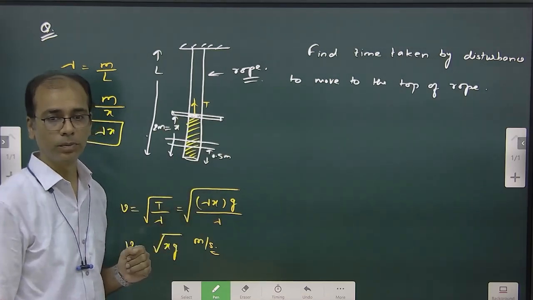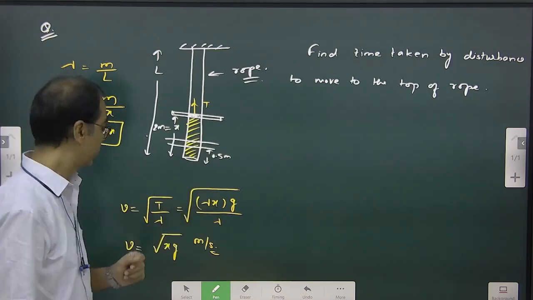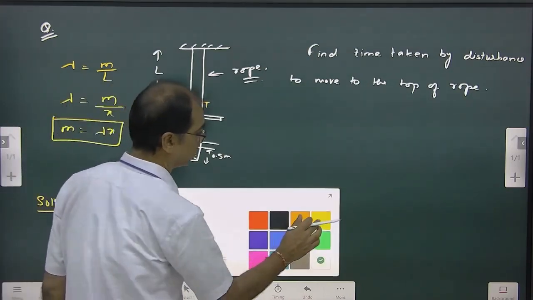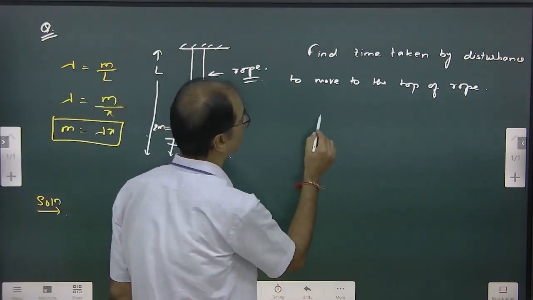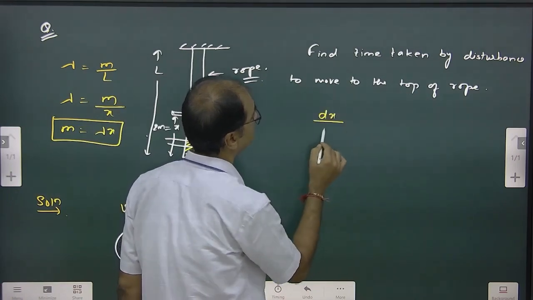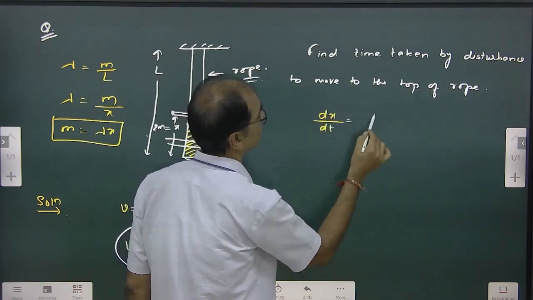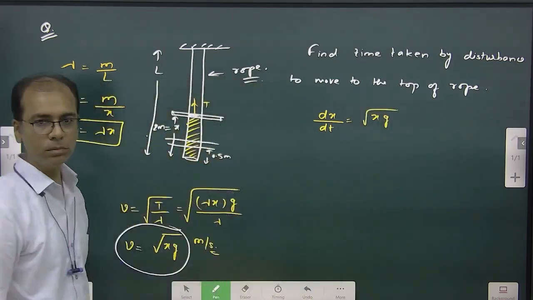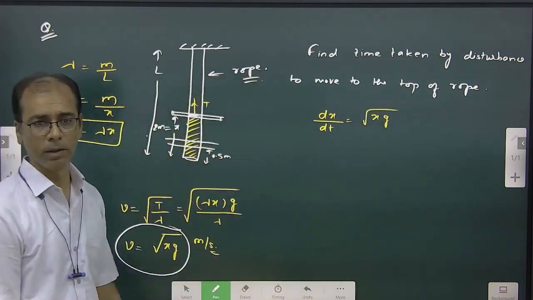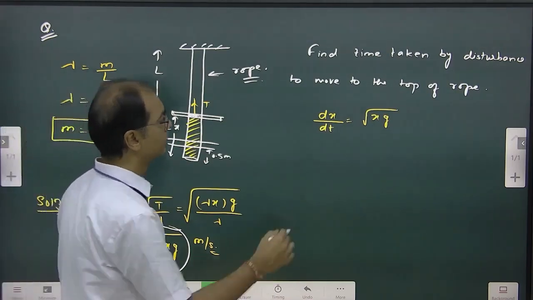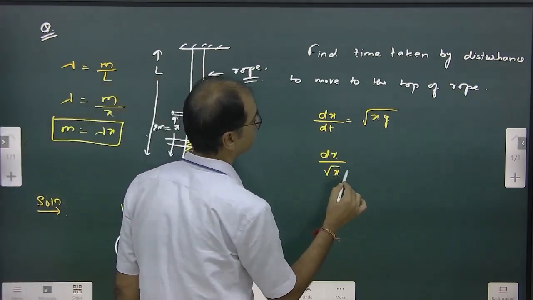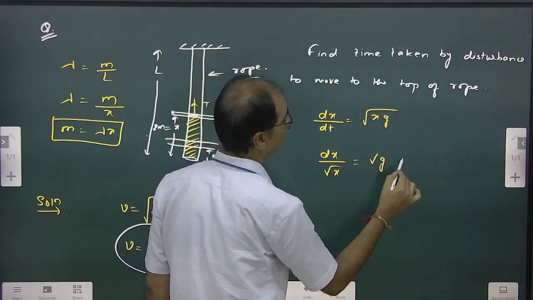Then what is the way? Then the same function you have to write like this. v I am writing as dx by dt, and here is root x as it is. The reason is that speed is variable. Then dx by root x equals root g dt.